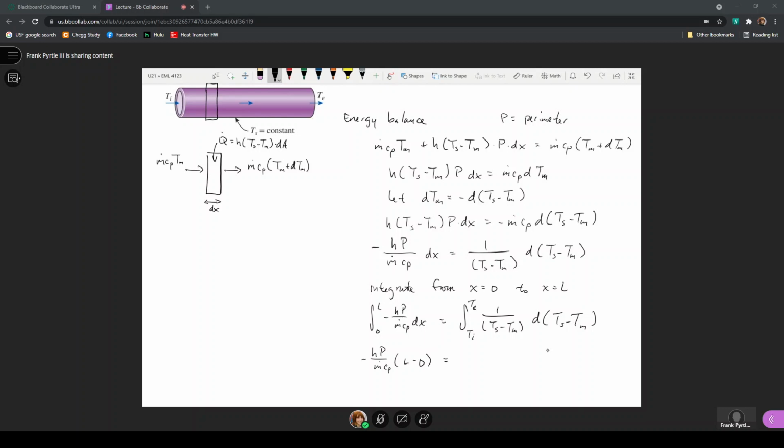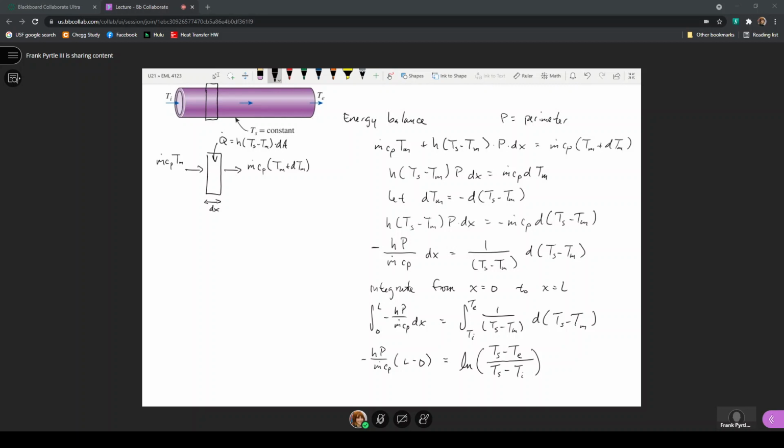So the left-hand side of this equation becomes minus hP over m dot c sub p times L minus 0. And the right-hand side becomes the natural log of the surface temperature minus the exit temperature divided by the surface temperature minus the inlet temperature.